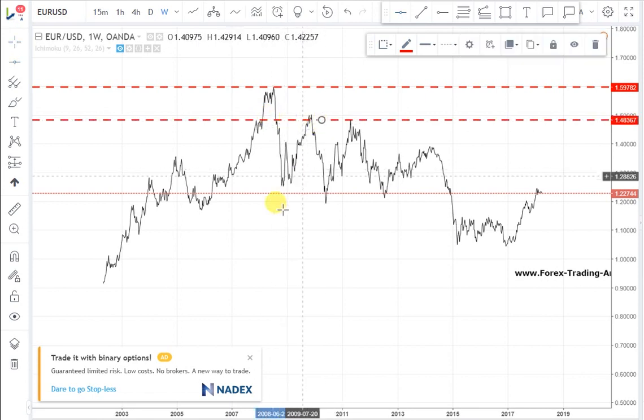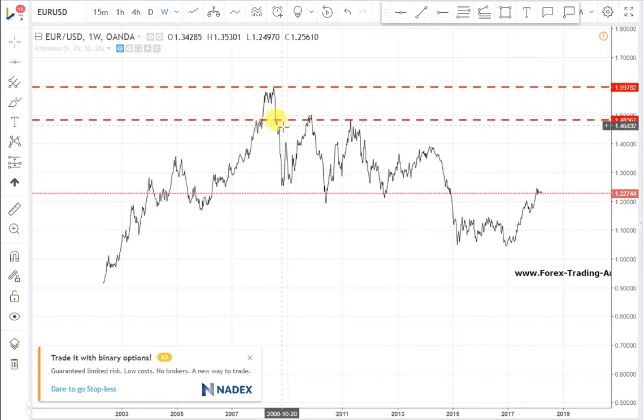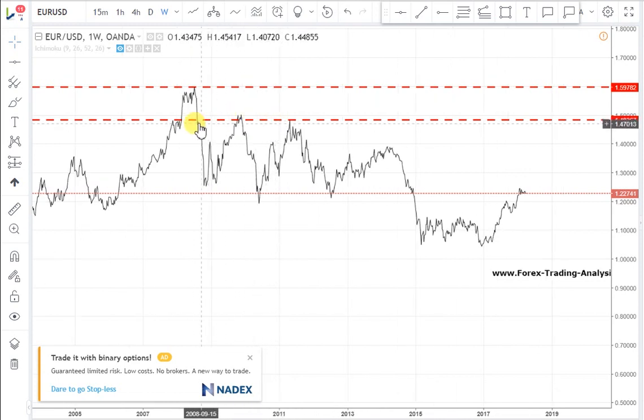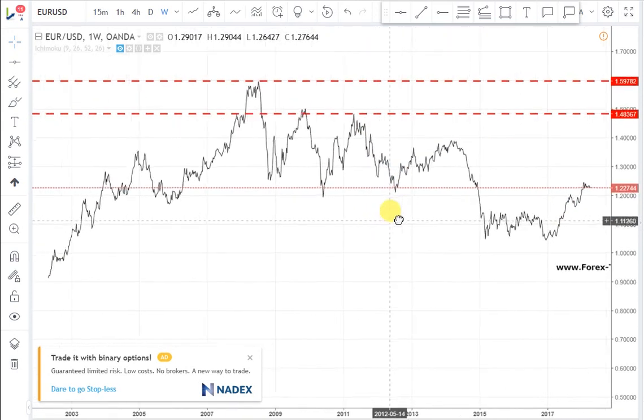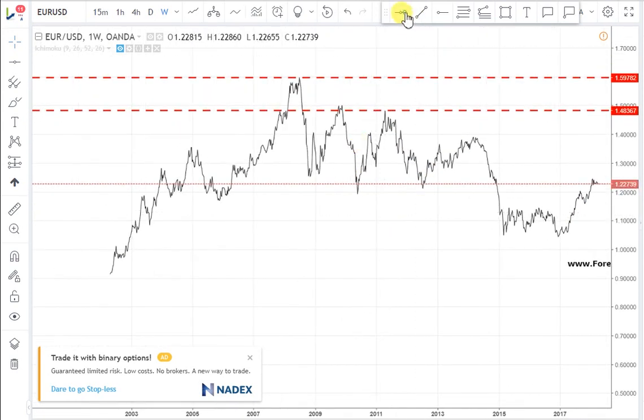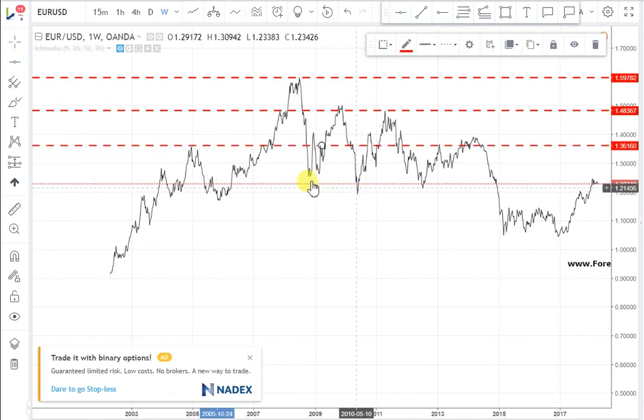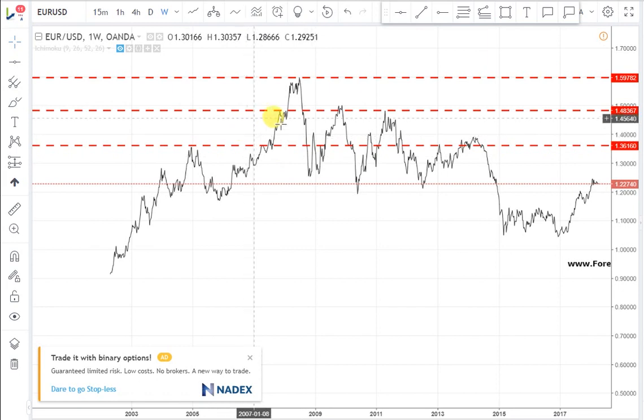So you can see here's one, we're hitting it here, a little pause there, returning back, acting as resistance here, dropping down, coming back, acting as resistance there, didn't break through, so it dropped down, and so on. So that's another area. We can look at another one here. What you want to do is try to identify the general area where you get the most number of touches.